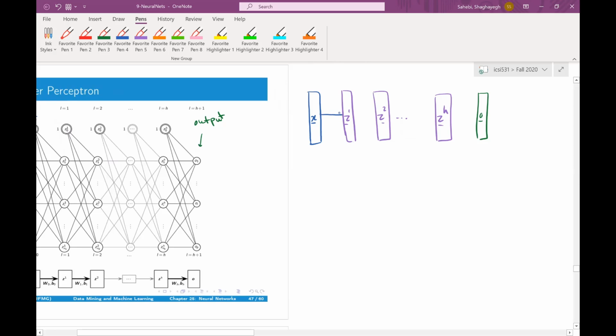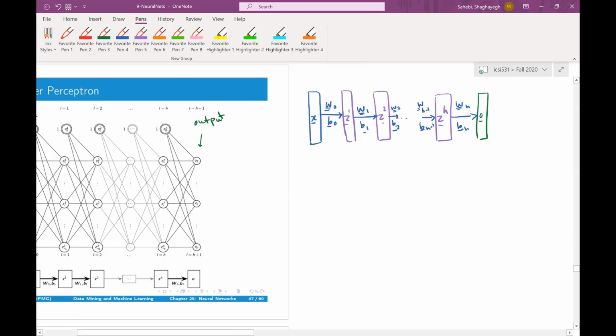We are going to have W matrices. For example, W0 here is from the input layer to the first hidden layer, and B0 is the bias vector for that. And then we have W1 and B1, W2, B2, etc., until we have WH minus 1 and BH minus 1, and finally we have WH and BH. These are the parameters of the model.